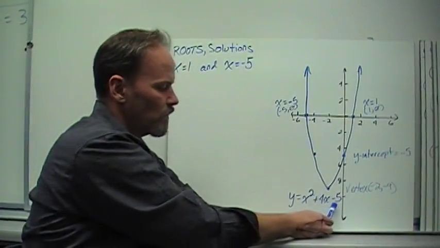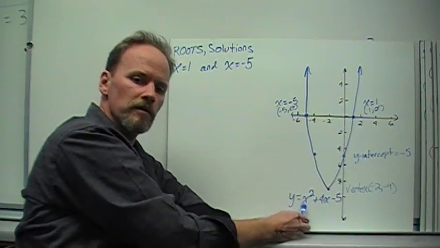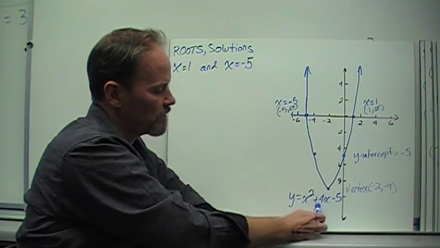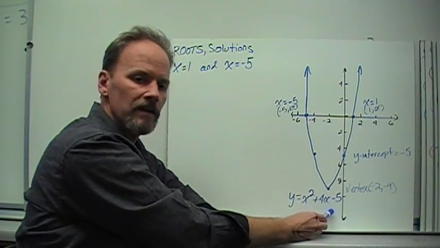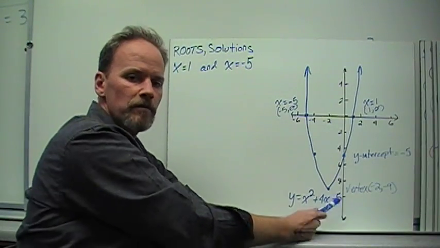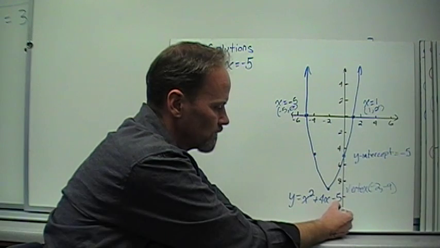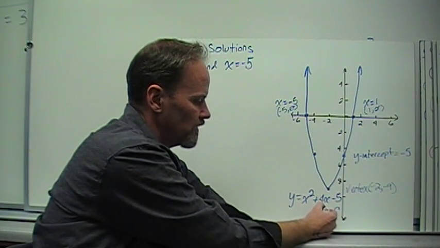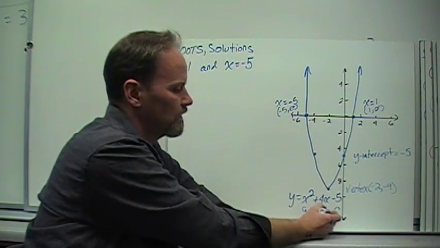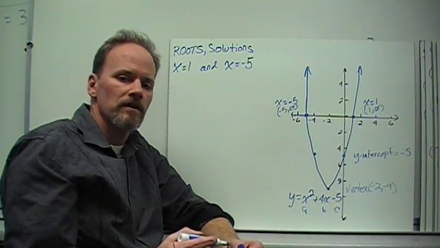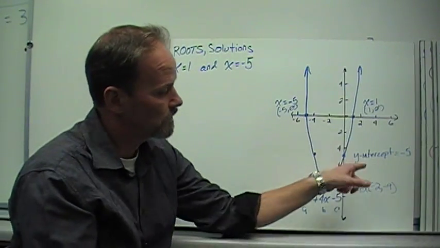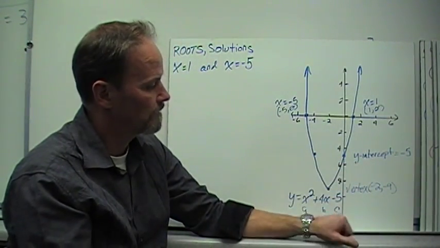Look and see what it has in common. We haven't talked about this yet, but look what it has in common with this quadratic. The -5 happens to be the letter C. Remember, that's C, and that's B, and that's A. The y-intercept in a quadratic is the C number here.